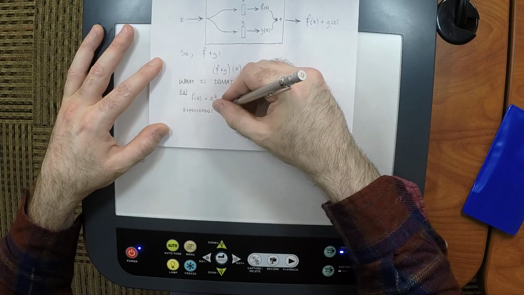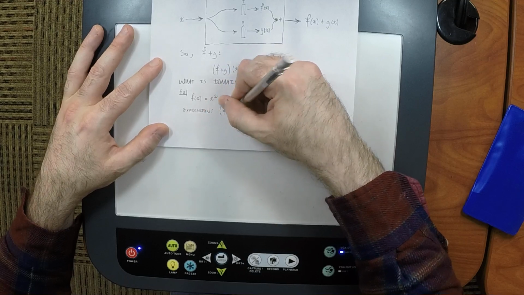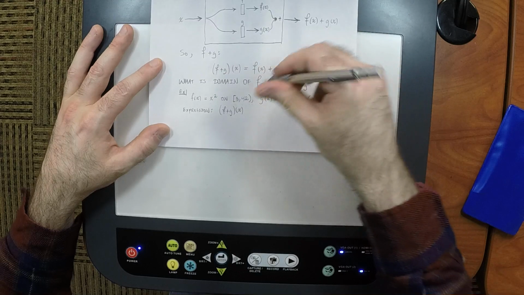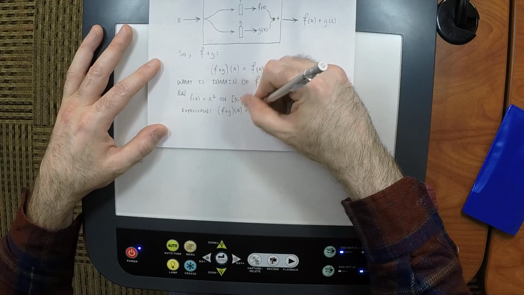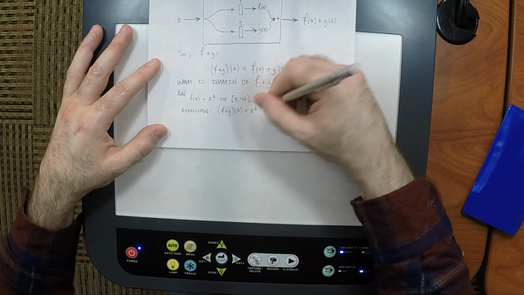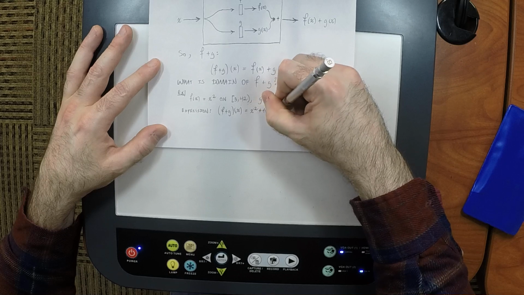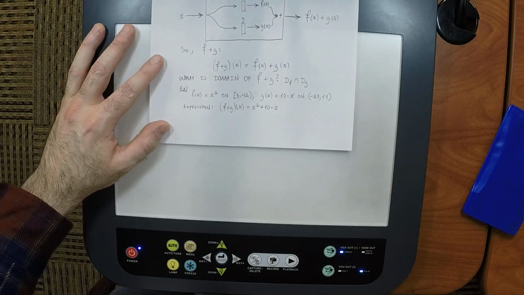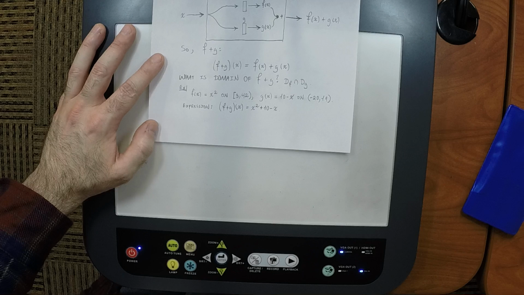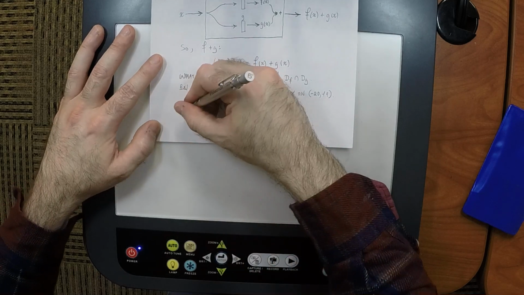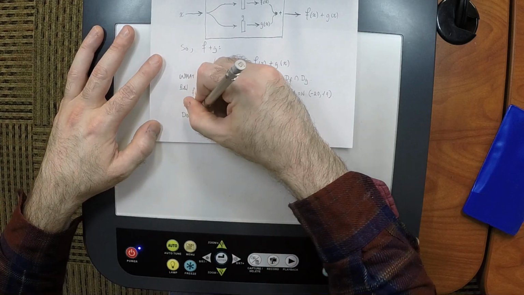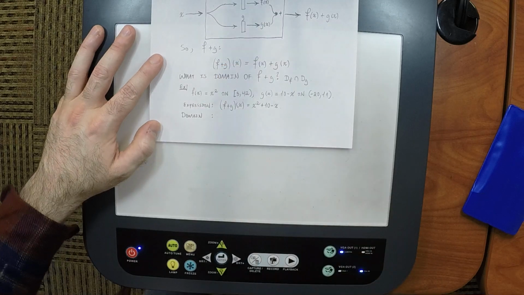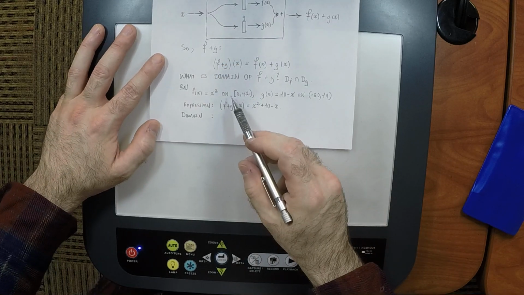So the domain, the expression for f plus g evaluated at x would just be, you just add those two expressions together. That'd be x squared and then plus 10 minus x. So that's its expression. But then the domain, we could think about it for a second.